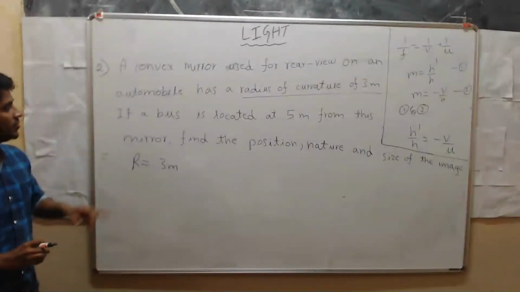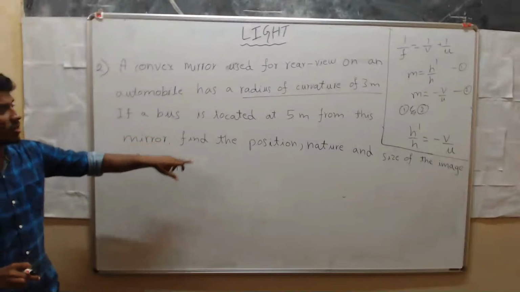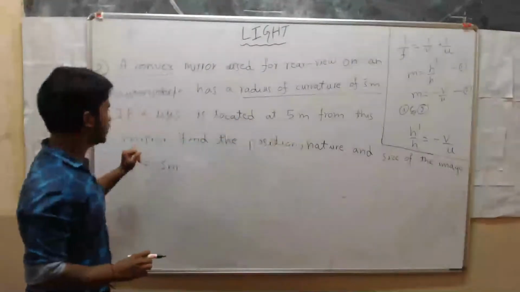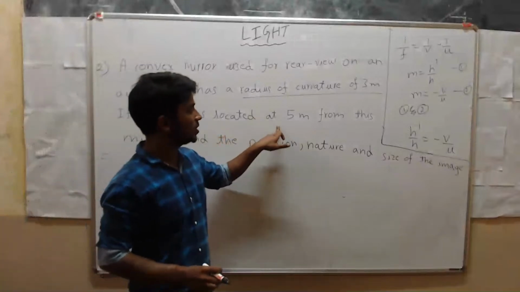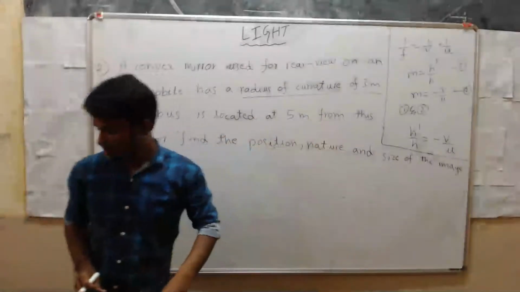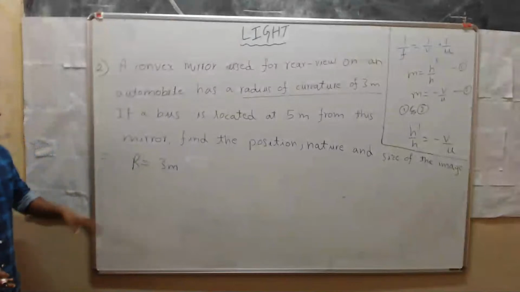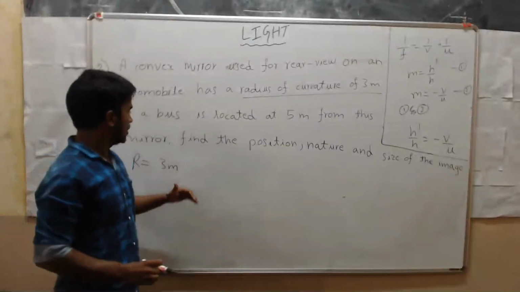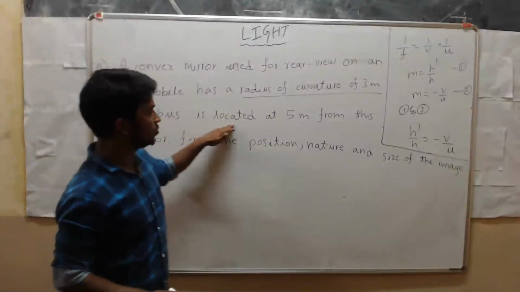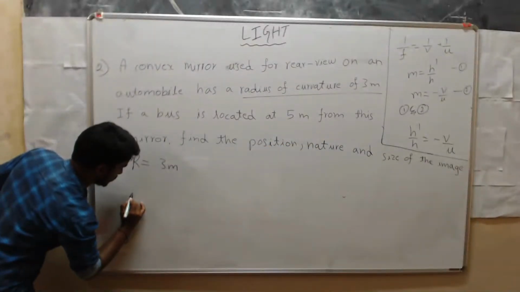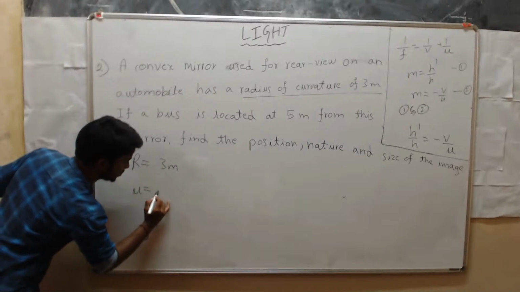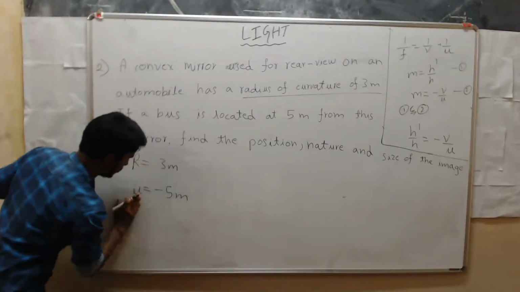Next, if a bus is located at 5 meter from this mirror, what is the meaning? The bus is 5 meter distance from the mirror, that is u is equal to minus 5 meter.